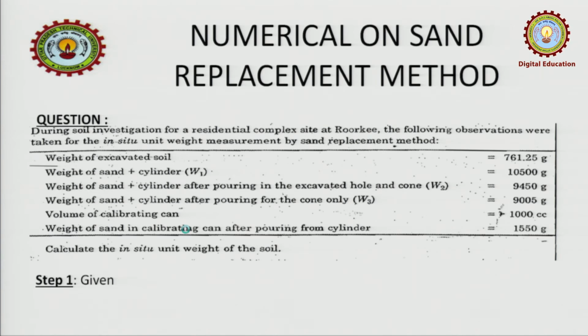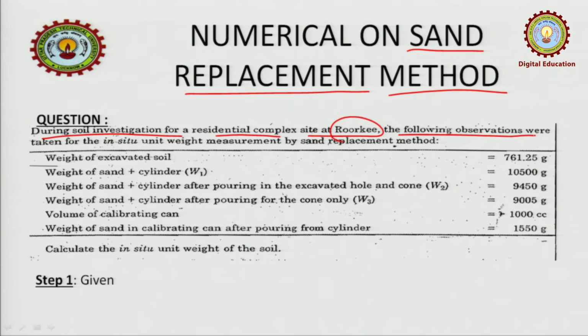Now this question is based on the sand replacement method. There are a number of parameters given to us. During the site investigation for a residential complex site at Roorkee, the following observations were taken: in situ weight measured by the sand replacement method.